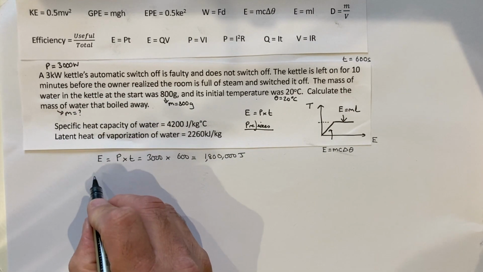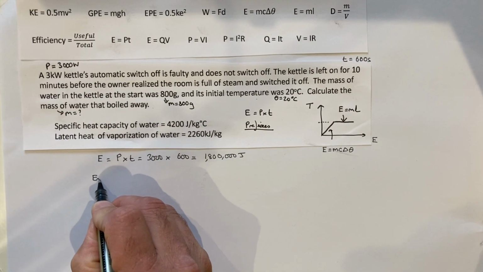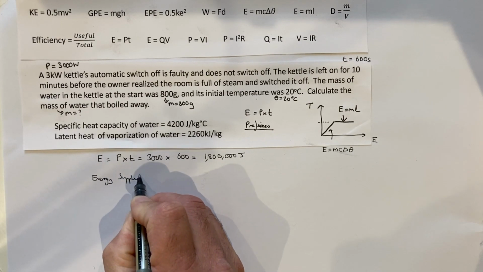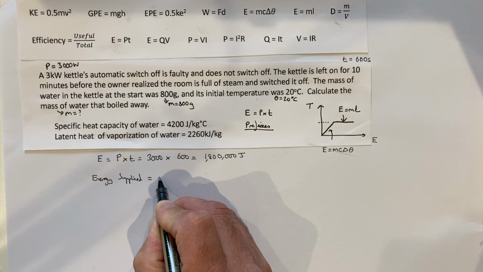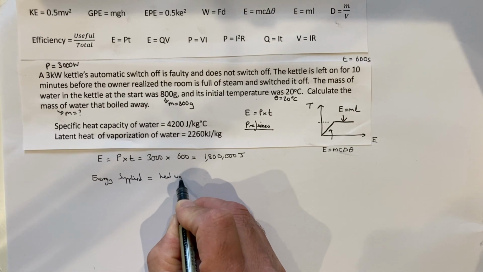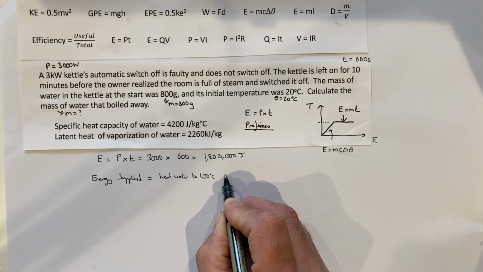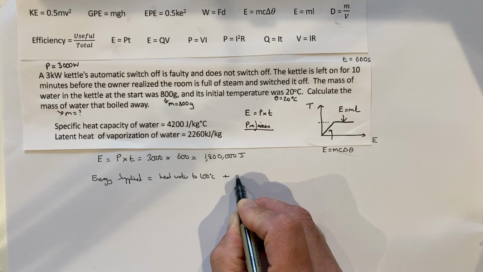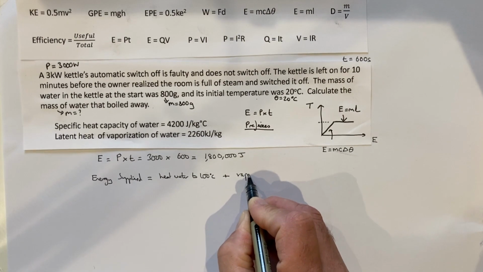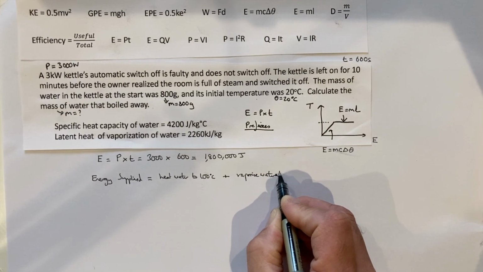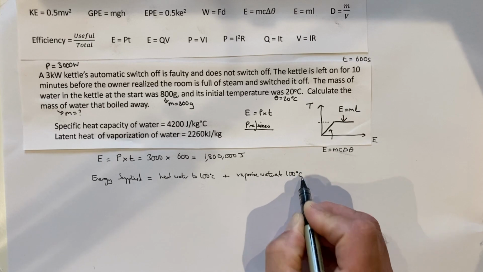So I'm going to first write this. The energy supplied will do two things. It will heat water to 100 degrees C, plus it will vaporize water at 100 degrees C.